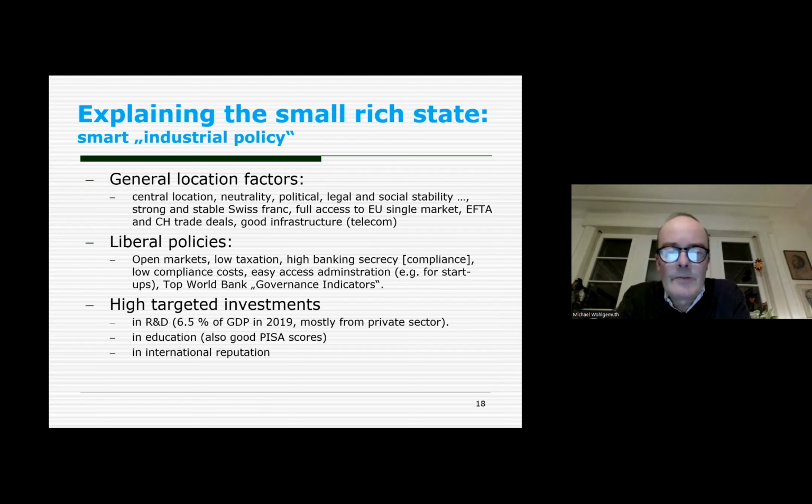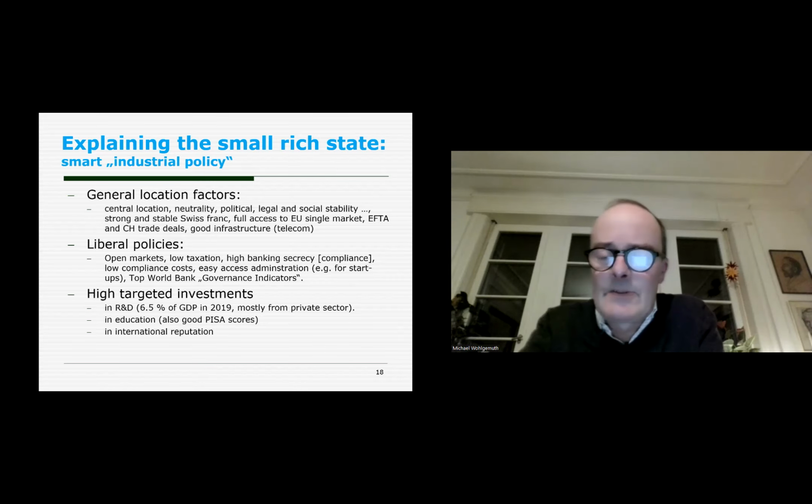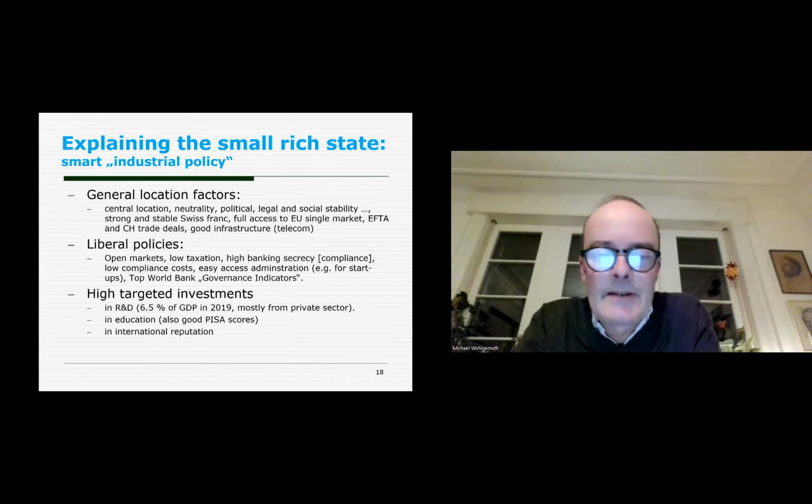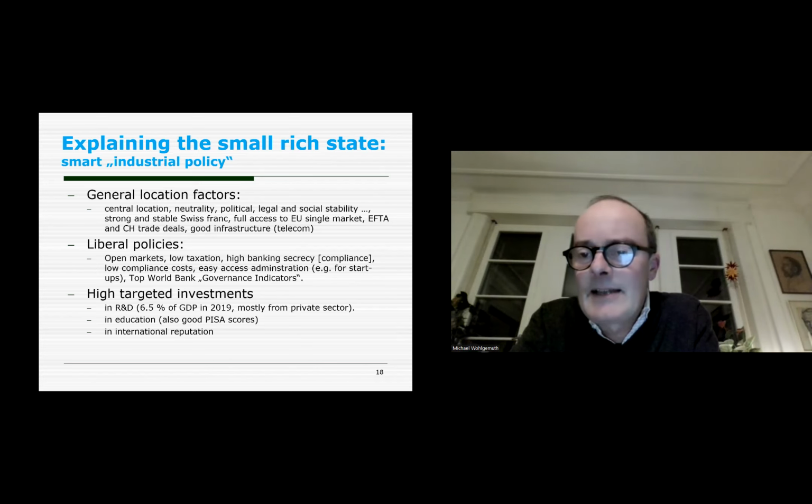Still, low compliance costs are another factor, the easy access to administration, and the kind of investments. With 6.5% of GDP, Liechtenstein had the highest share of research and development expenditures.